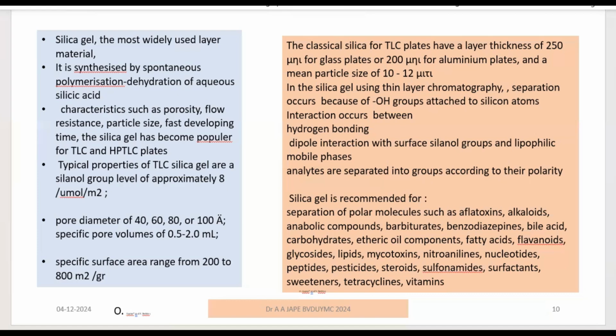Silicon and hydroxyl groups attached to it are going to decide the efficiency of the process. So these hydroxyl groups are going to have interaction with the analyte molecules, their functional groups.